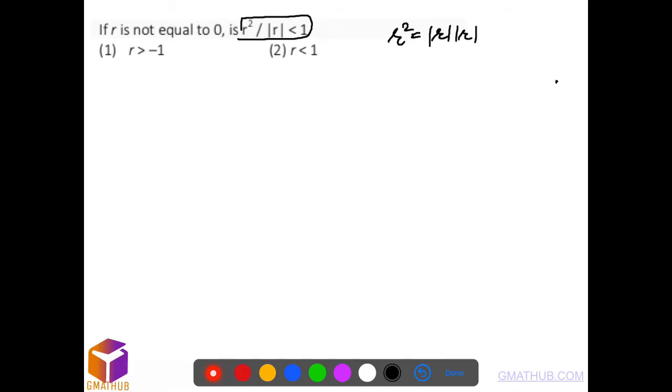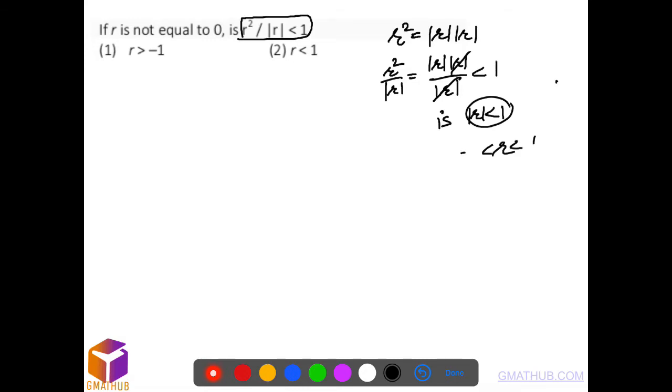So this question can be simplified as r square upon mod of r can be written as mod of r into mod of r upon mod of r. So now the actual question becomes, is mod of r less than 1, or is r between 1 and minus 1? Is it within this window or outside this window?